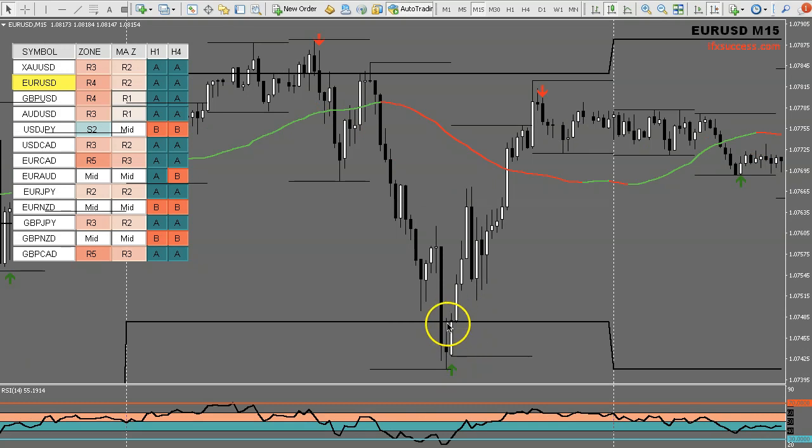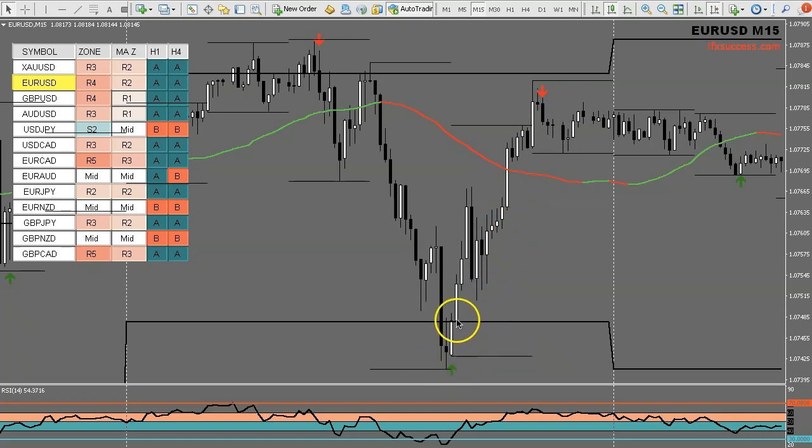We got the alert over here. It met the RSI, we're on the lower side over here. I'm not going to show the zones right now, but let's say we were on the green zones. And what did price do? It almost closed above yesterday's high, and the trade worked out very nicely.